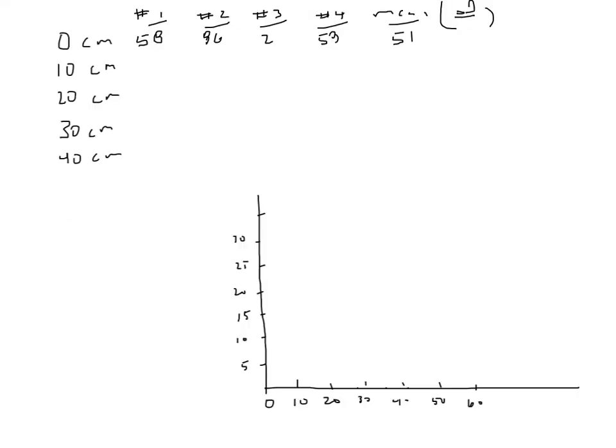So in terms of turning in your data analysis and graph, basically what we're looking for is a table where you've got the locations along the profile where the sampling took place at 0 centimeters, 10 centimeters, 20, and so forth.